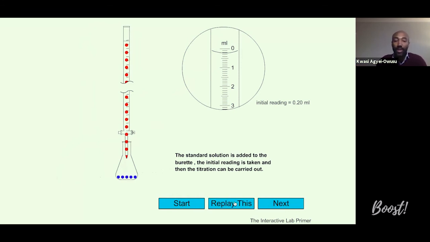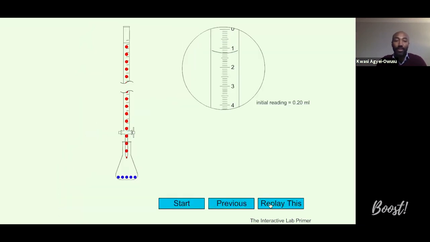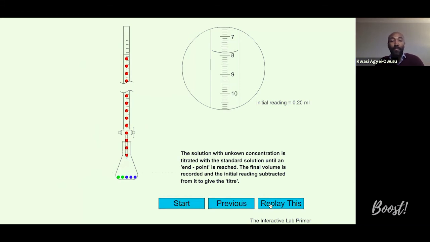And if we press start, if we skip this bit, there we go. So if we press start, we can see the burette being opened up and the standard solution added to the contents of your conical flask. And this should, of course, neutralize the contents of your conical flask.